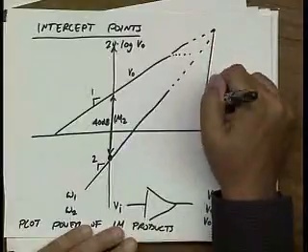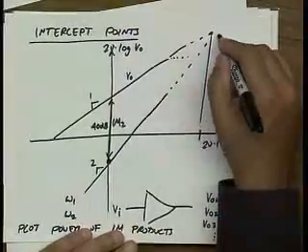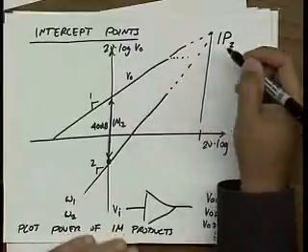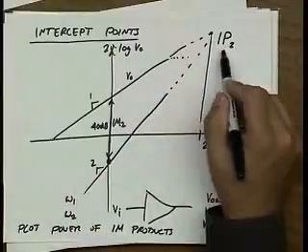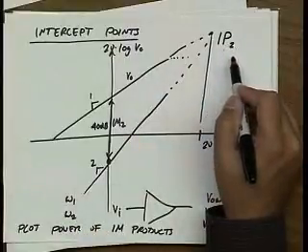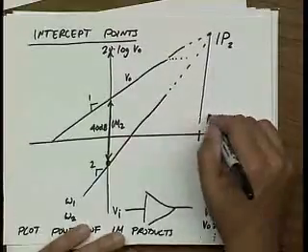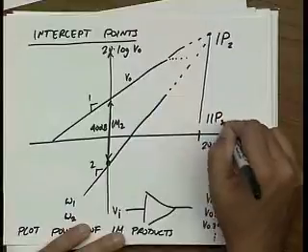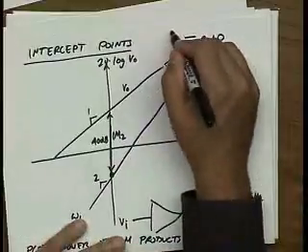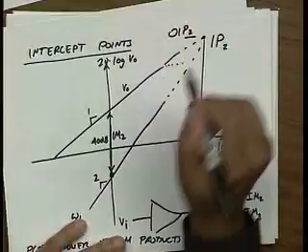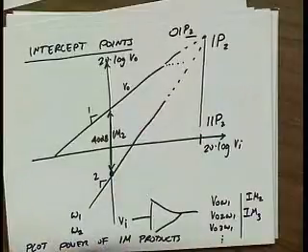I call this point of intersection my IP2 point, intercept point for second order intermodulation. And I call the input power where this occurs input IP2, and I call the output power output IP2. So this is just a graphical interpretation of what's going on.